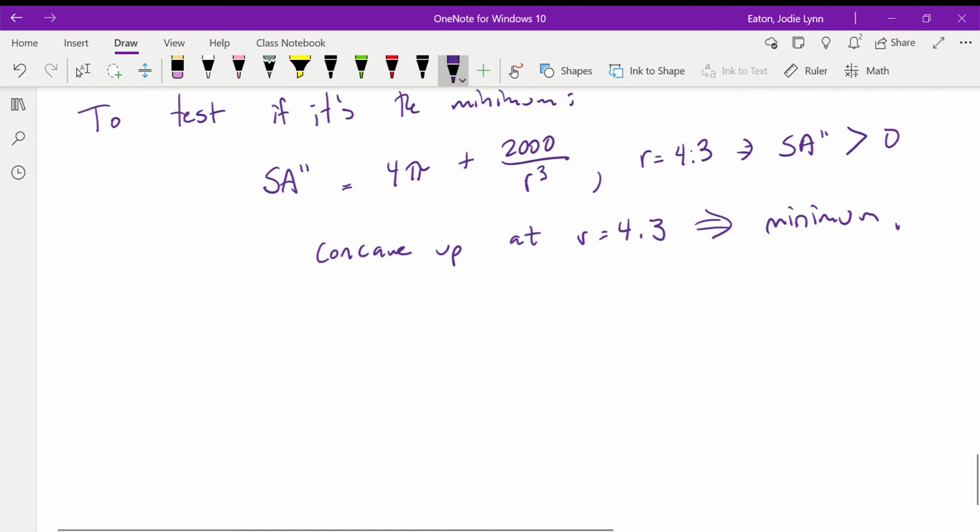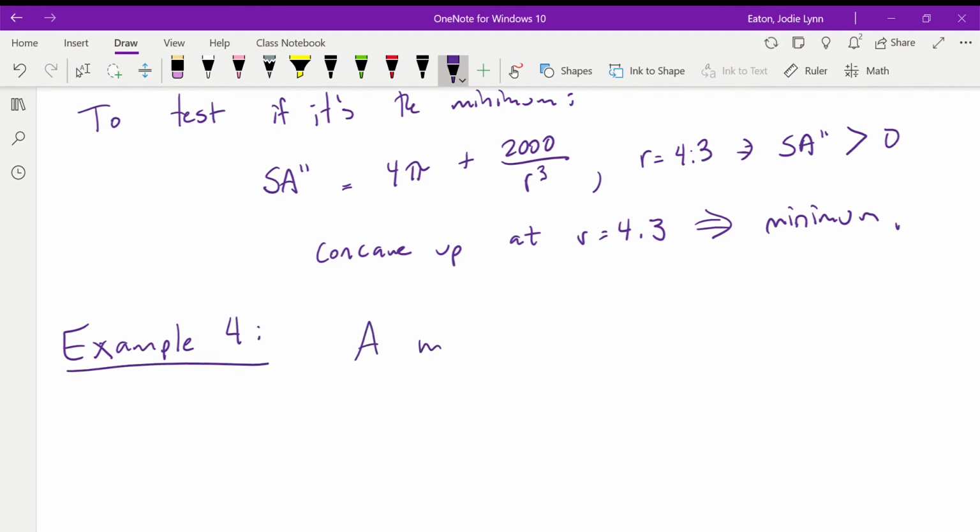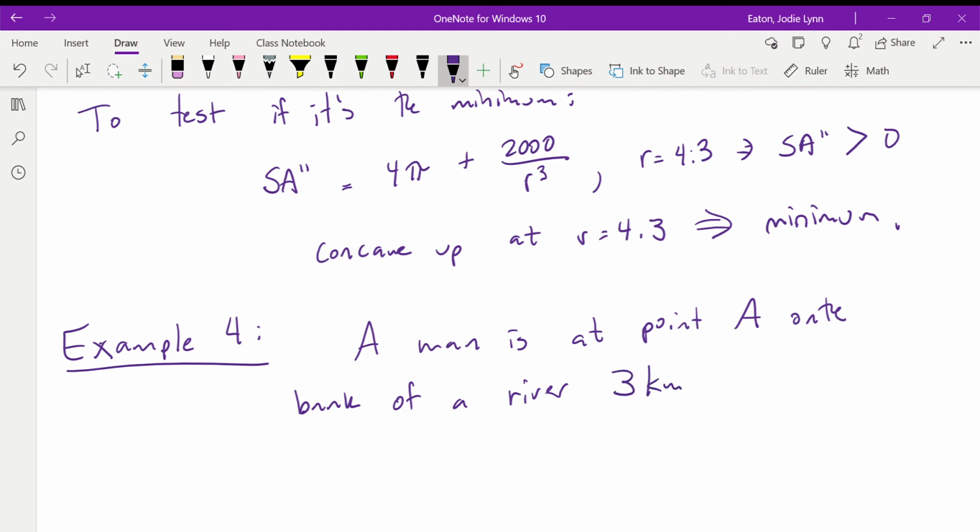All right, last question. We like the river. These are these river kinds of crossing questions and who's going to get there first and all that fun kind of stuff. So a man is at point A on the bank of a river 3 kilometers wide.